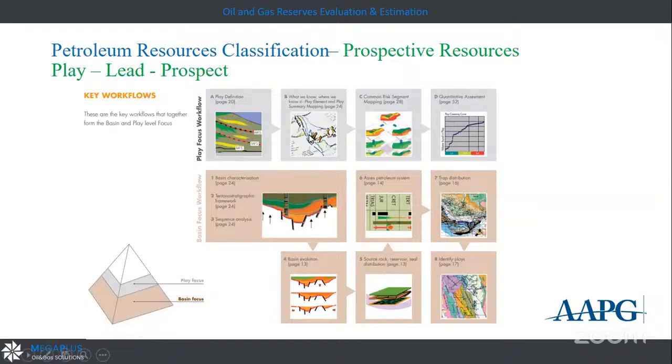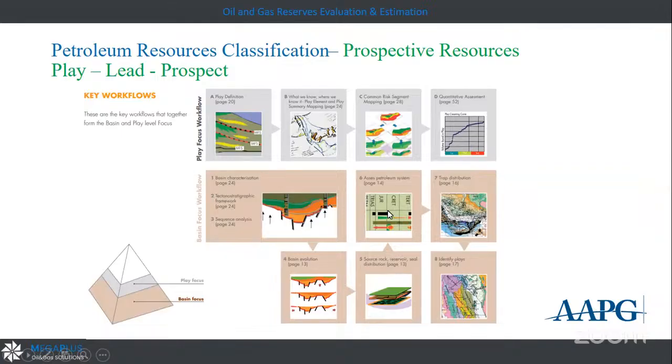I can summarize the play evaluation here. We have a basin configuration and the tectonics, so they can make a basin evaluation through the structure, and then they study the source rock and where it is, and assess the migration path.